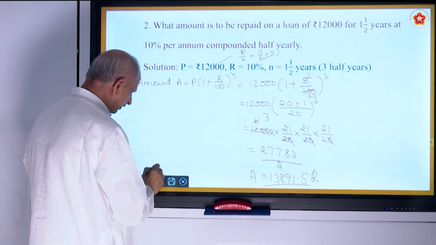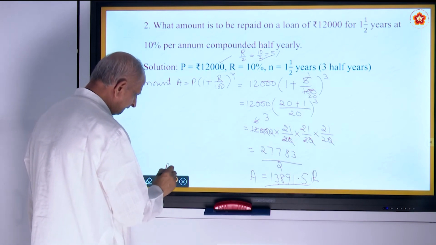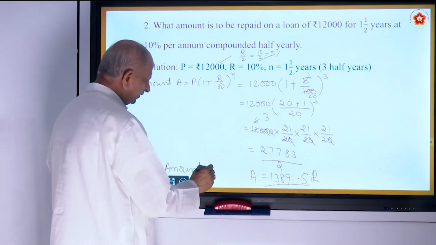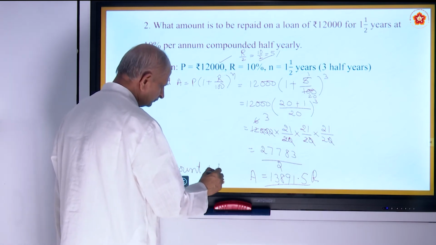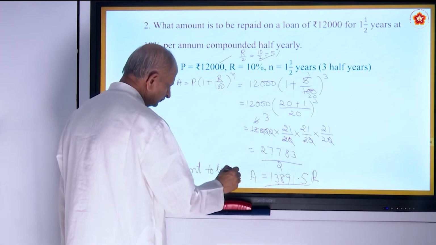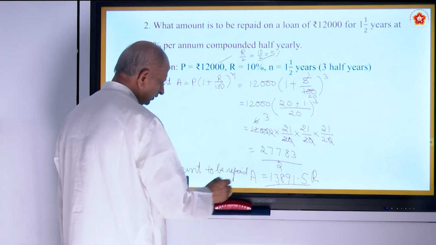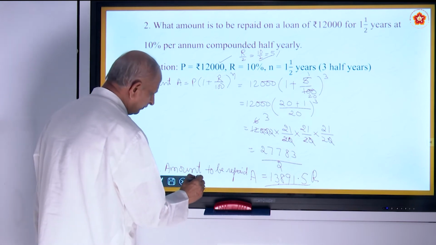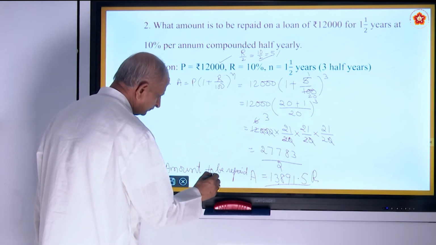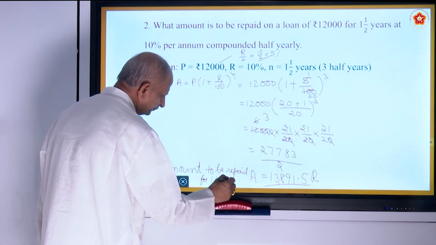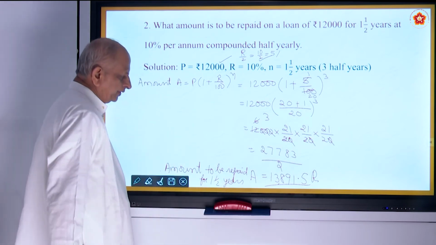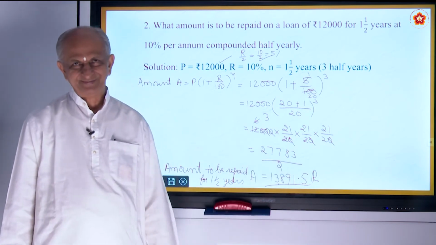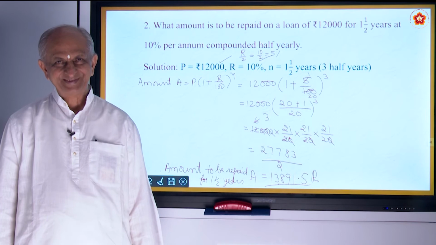So therefore you can write amount to be repaid after 1.5 years or for 1.5 years is equal to 13,891.5. Very good business, correct?